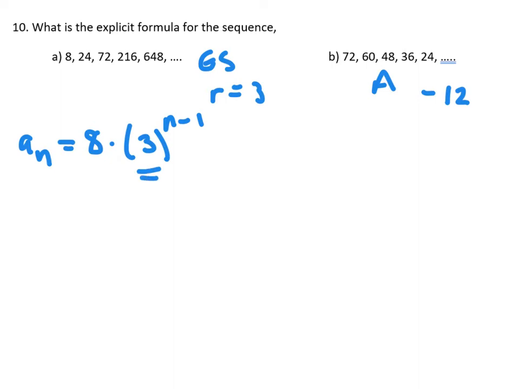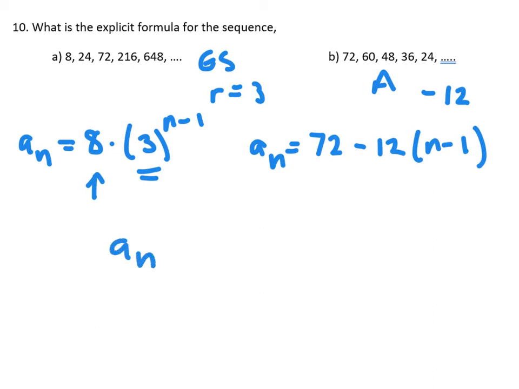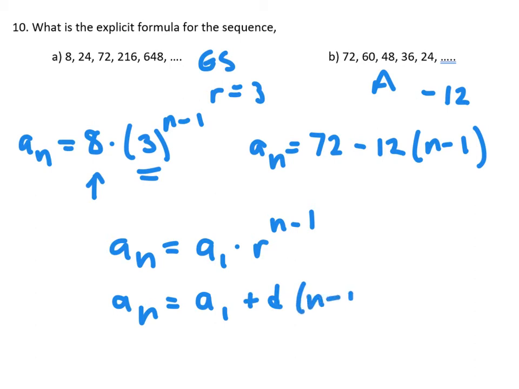This is your common multiplier, this is your first term. Very similar formula over here. First term is 72, common difference, and n minus 1. These are the two formulas, and all I'm doing is putting them into the two basic formulas, which look like this. That's the geometric one, and this is the arithmetic one.